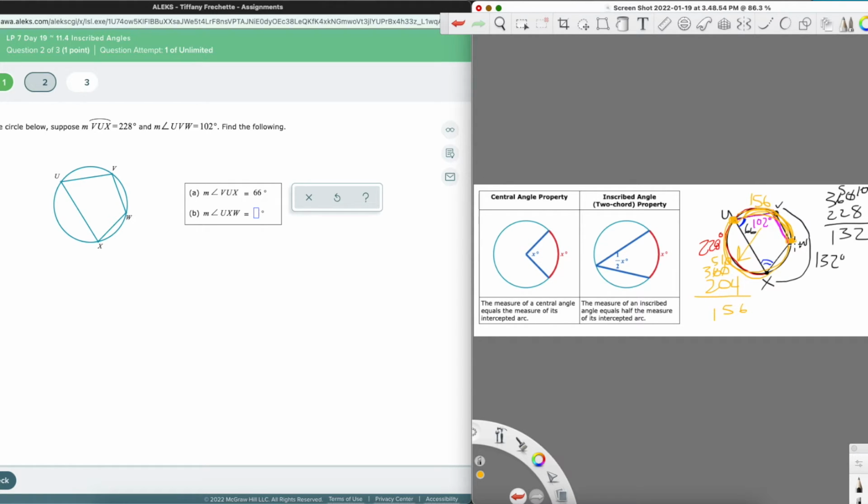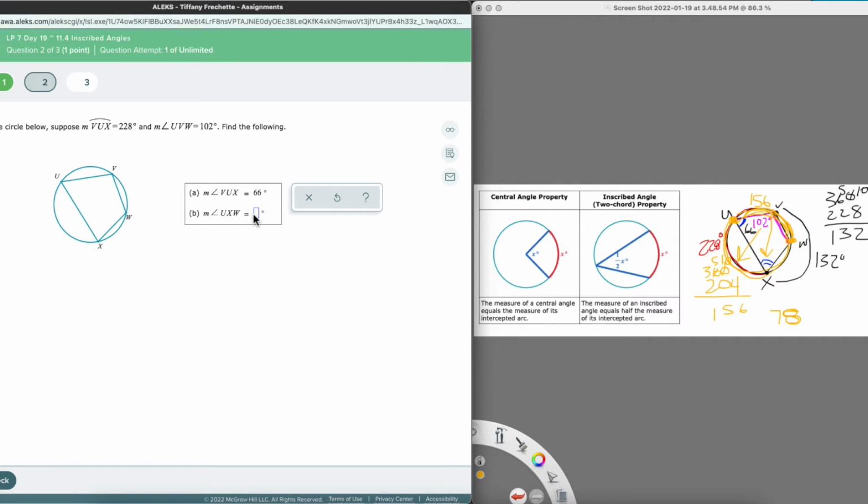Now I'm going to go into the angle, so I'm going to divide by 2. So 75 would give me 150. And then I believe I want 78 because I need 6 more. So 3 plus 3 would give me that 6 more. Kind of doing the division in my head out loud. So 78.